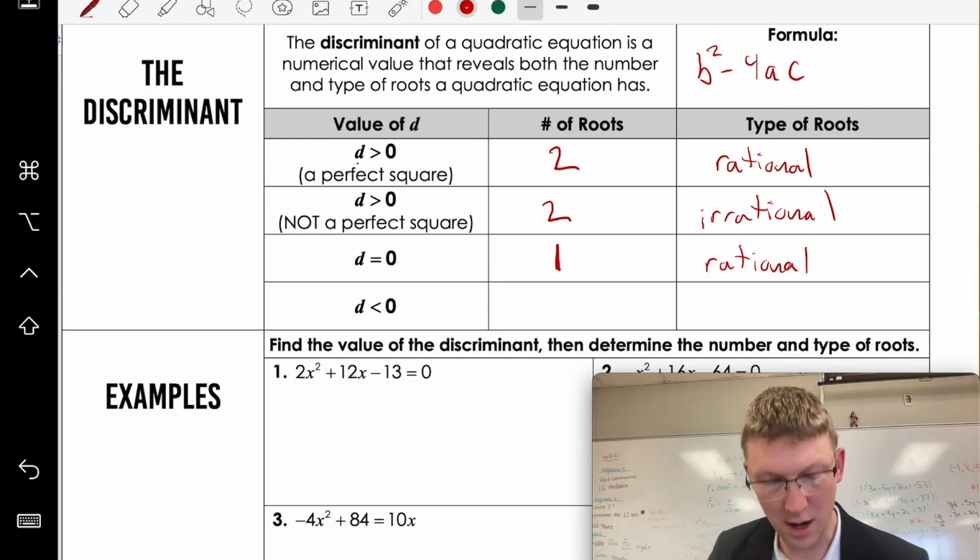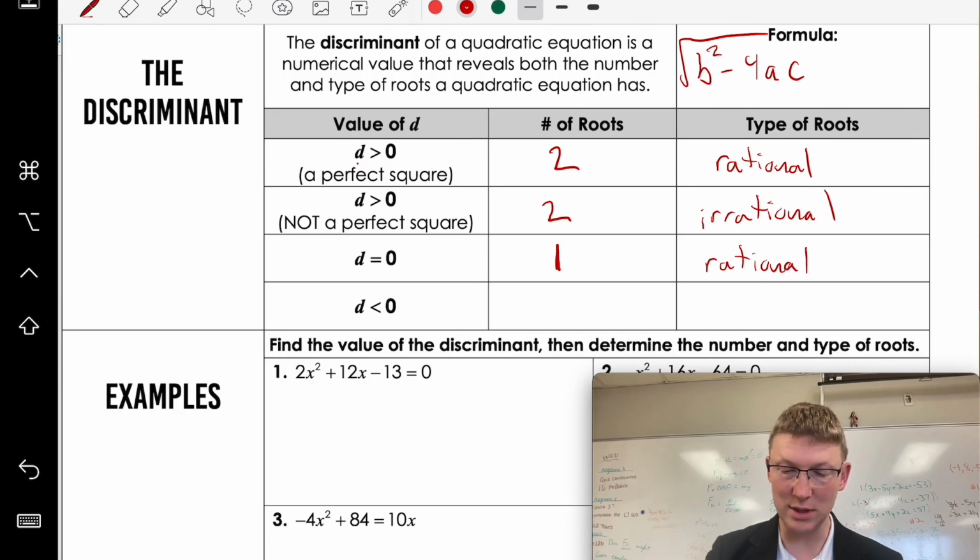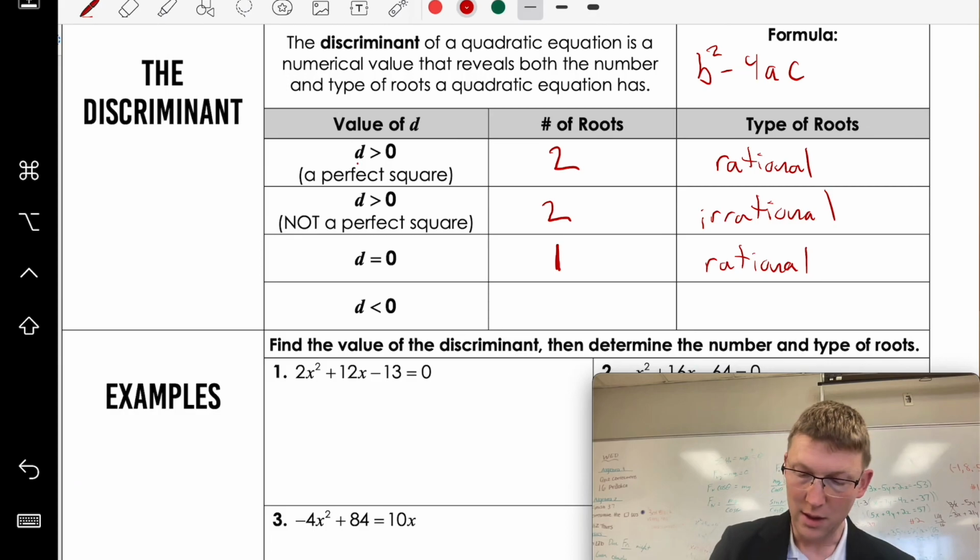Anyway, let's say that the discriminant is negative. Again referring to the quadratic formula, there is a square root under there. So let's say underneath there is negative. What is that going to mean? It's going to mean that our solutions are going to be imaginary.